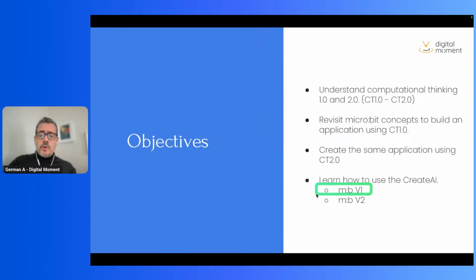And what I want to point out is that we're going to do it both with the version 1 of the microbit and the version 2 of the microbit. So if you have V1s, you don't need to buy V2s. Those ones still work great on an educational platform. They're going to be perfect. If you have V2s, then you have extra liberties and extra things you can do.